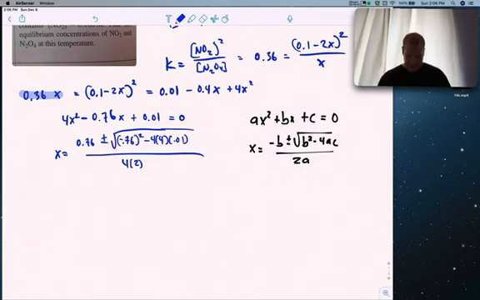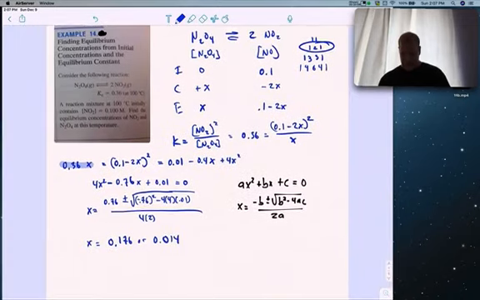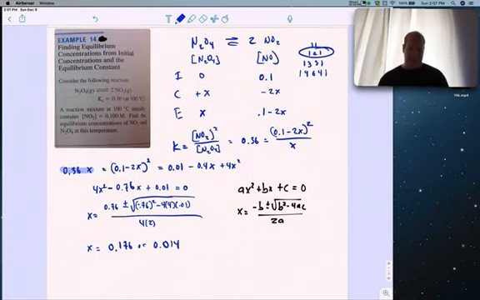And I'm going to cheat and look in the textbook, and x is going to be equal to 0.176 or 0.014. Now, we have to decide which one of these makes sense.